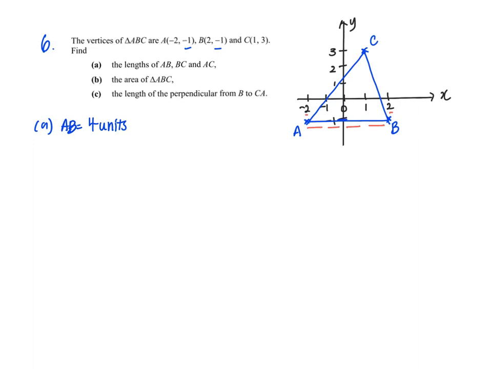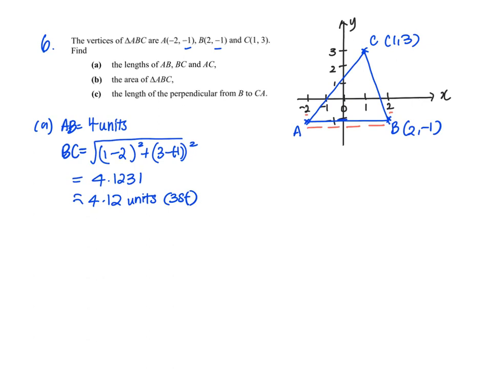Now the length for BC, B is the point 2, -1, C is the point 1, 3. So square root of something squared plus something squared: y2 minus y1, 3 minus -1, and x2 minus x1, 1 minus 2. Calculating this, we get the answer to be 4.1231 or 4.12 units.